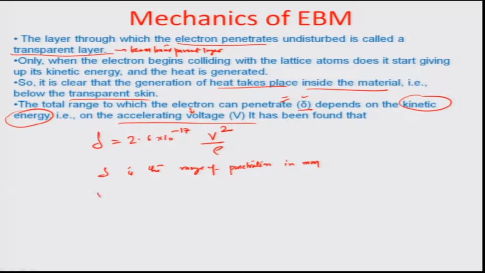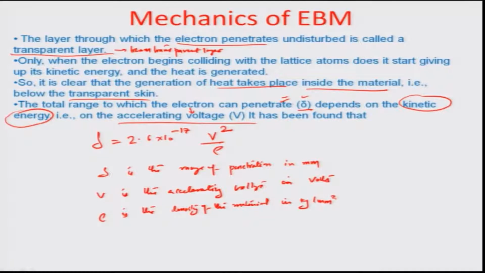V is the accelerating voltage in volts, and obviously rho is the density of the material in kg per millimeter cube.